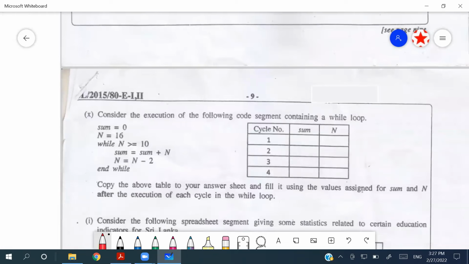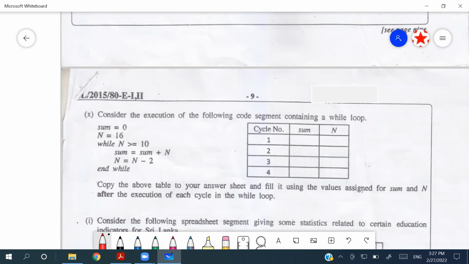consider the execution of the following code segment containing a while loop. Copy the above table to your answer sheet and fill it using the values assigned for sum and n after the execution of each cycle in the while loop. So it's kind of a hand tracing, but it's a little bit different because they are asking me to write the values for sum and n after every cycle execution.